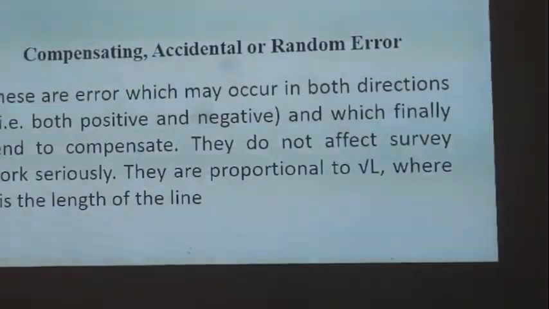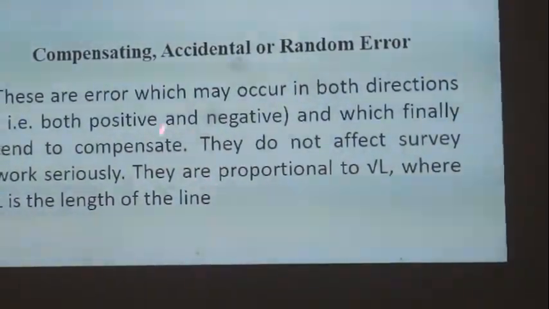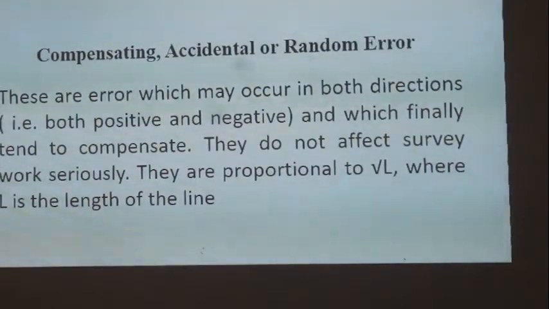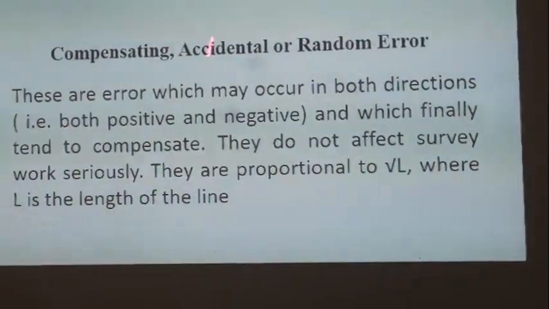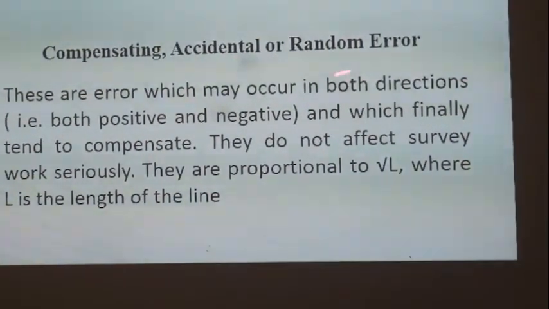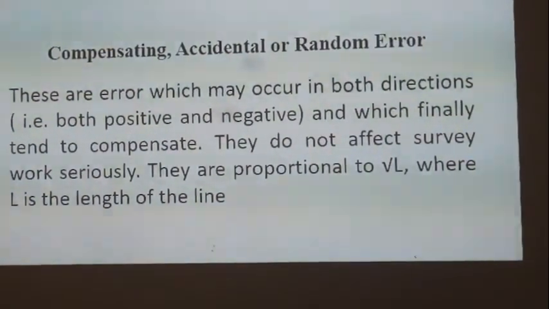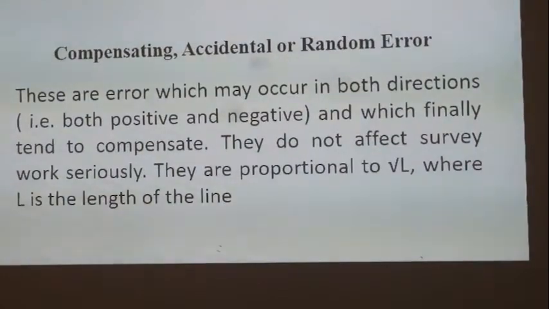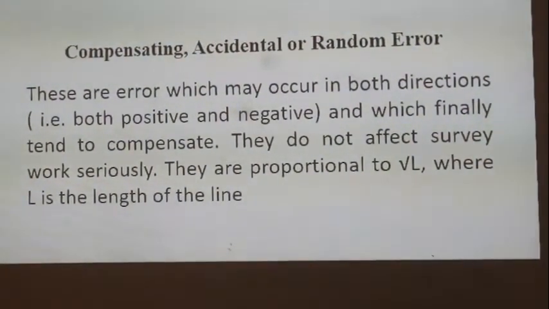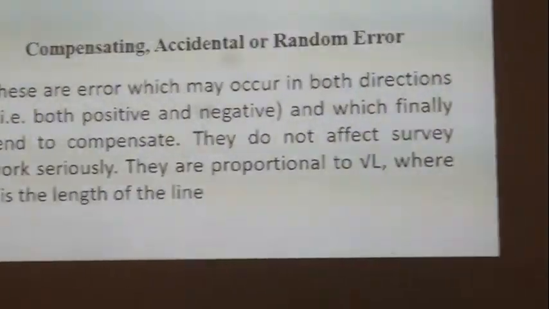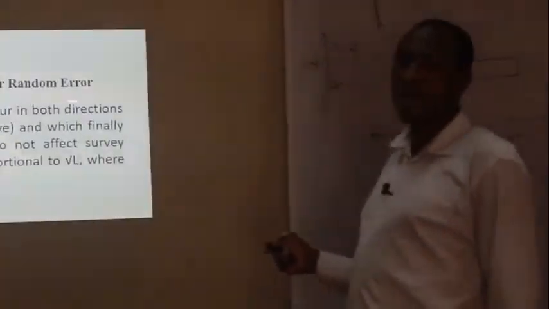Now look at another group of error, compensating. This one can swing either way. It can be positive, it can be negative. So you have compensating or accidental or random error. In this case, no matter how good you may be at measuring distance or carrying out measurement, no matter how careful you are, you will always incur this type of random error.